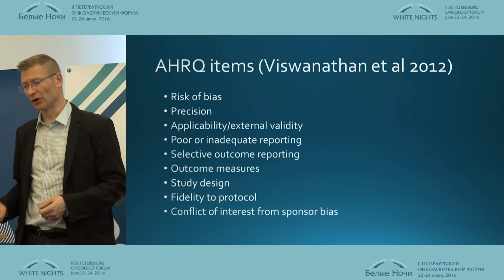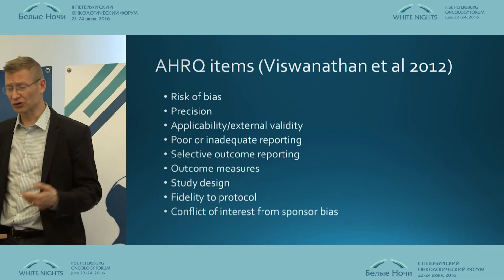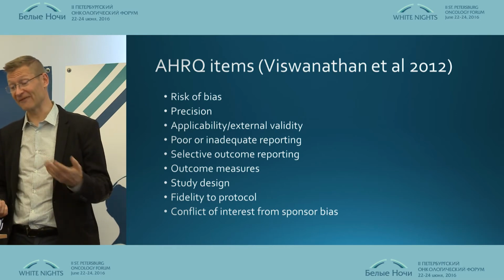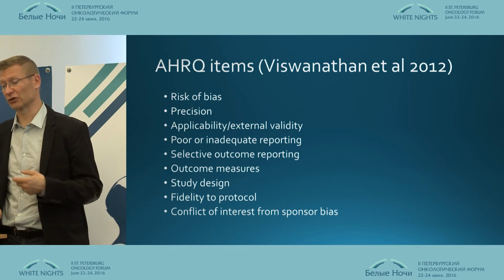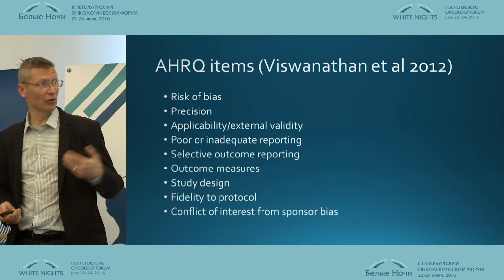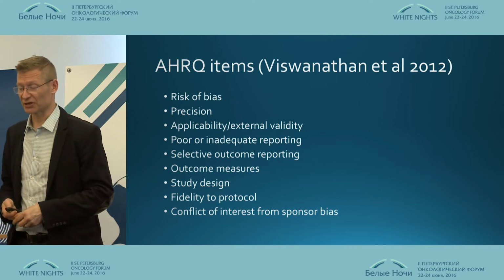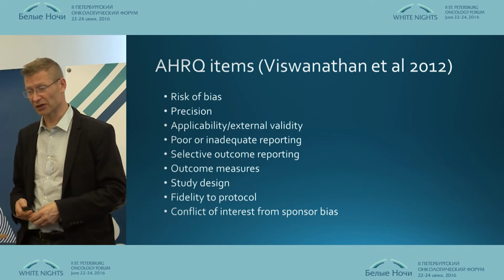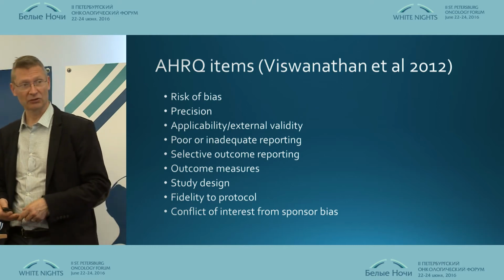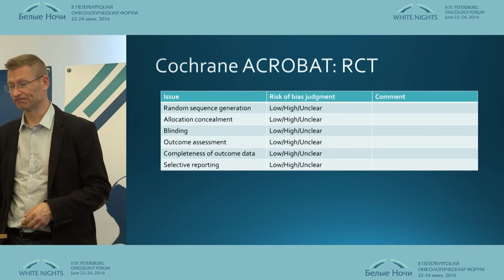Fidelity to protocol has to do with reporting also, and this is why study protocols are nowadays commonly published in advance, so there would be no selection of only the results that you like. And in medical research, conflict of interest is an issue. There's an excellent book called Bad Pharma that explores this issue in detail.